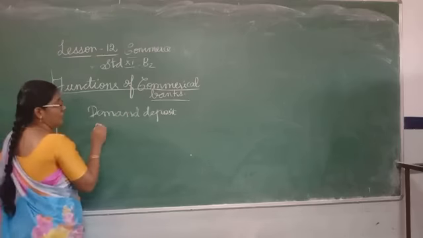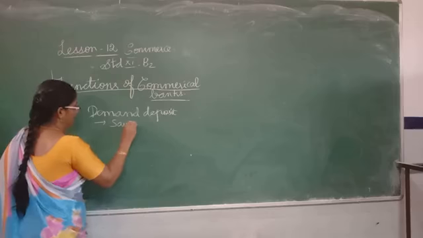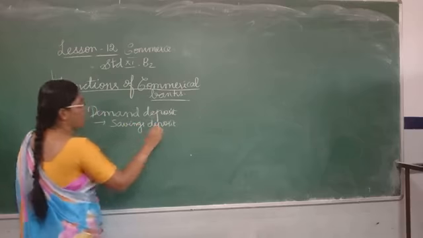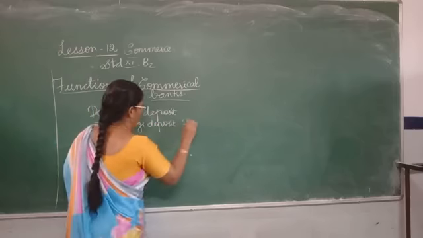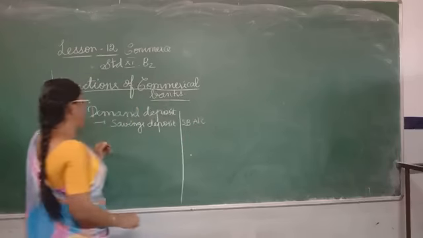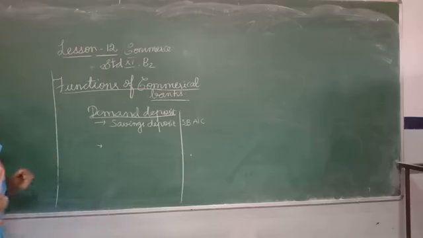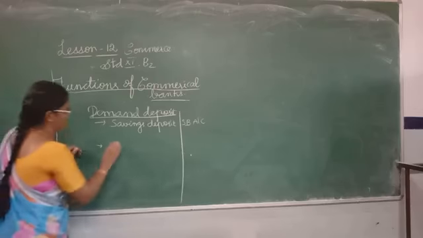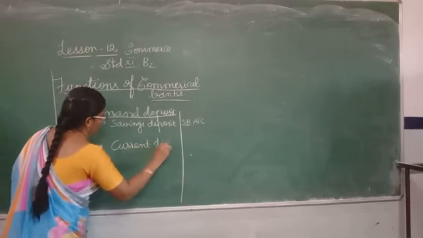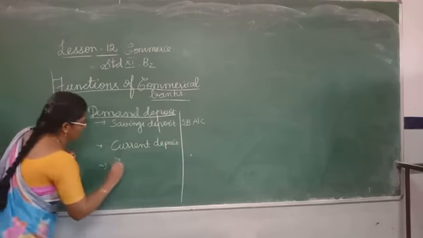So what are all the things that come under the category of demand deposit? Savings deposit. In short, how can we say it? SB account. Then the next one is current deposit. Next one is fixed deposit.